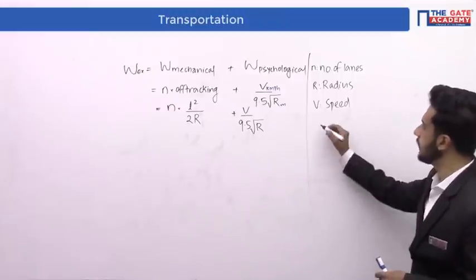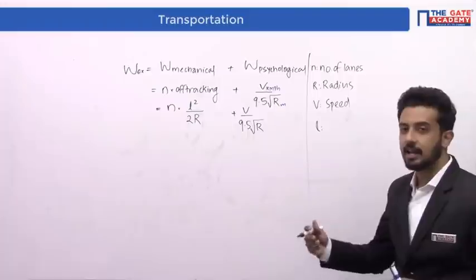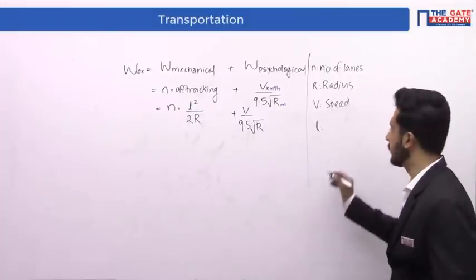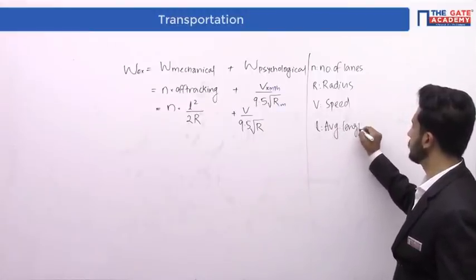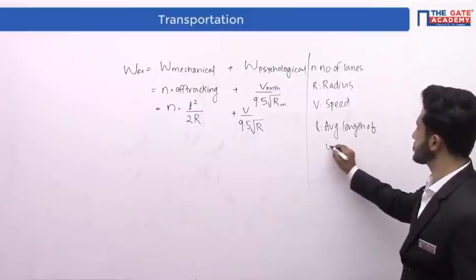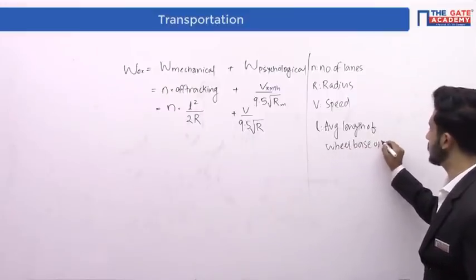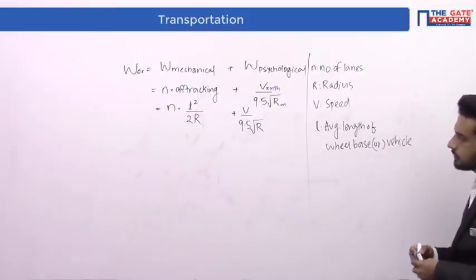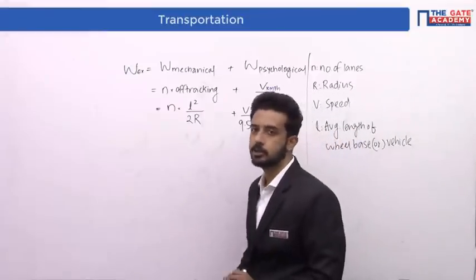L is the length of wheelbase, or sometimes it is also called length of vehicle. If you have everything, directly substitute and find the value.